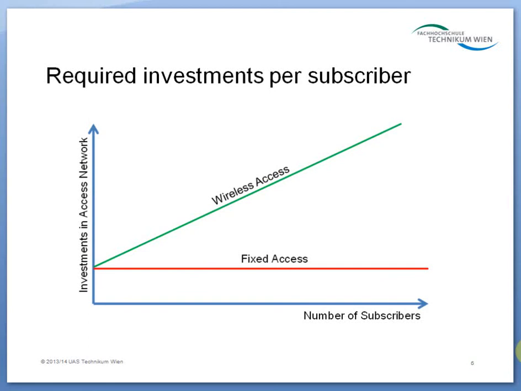In European countries, there is typically a single, formerly state-owned fixed line operator which has the biggest market share. In some countries, the government is still a stakeholder in the company.